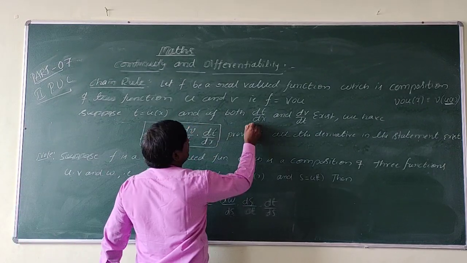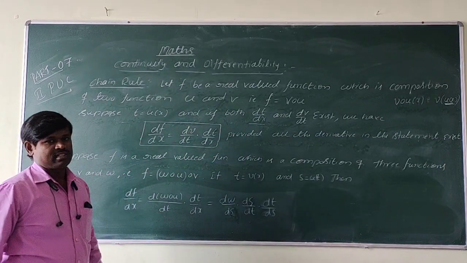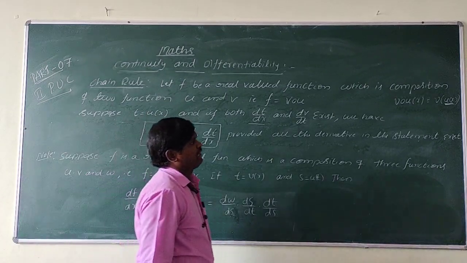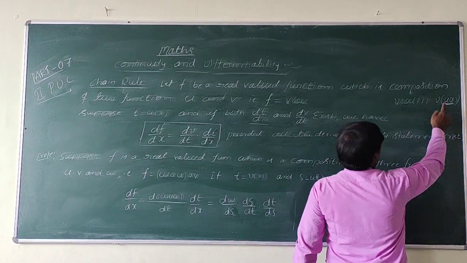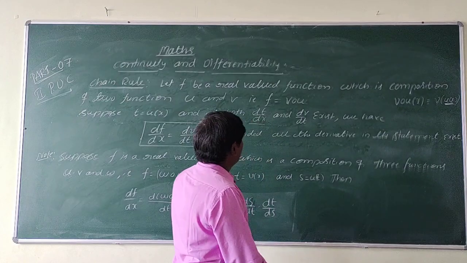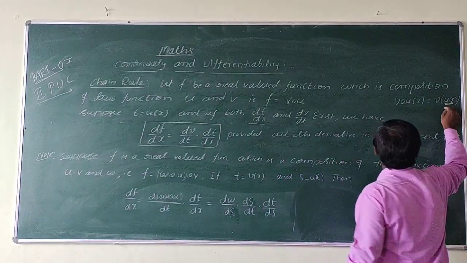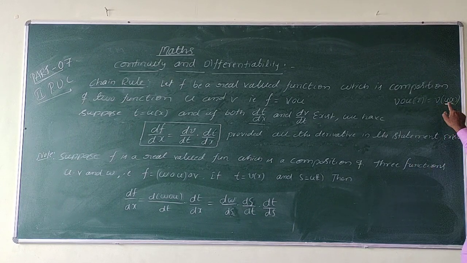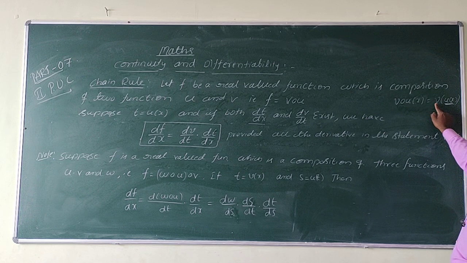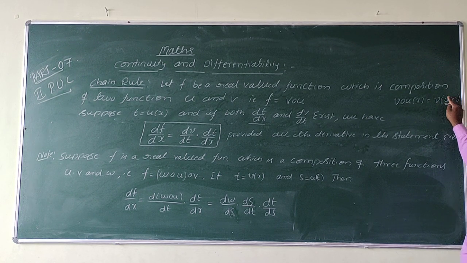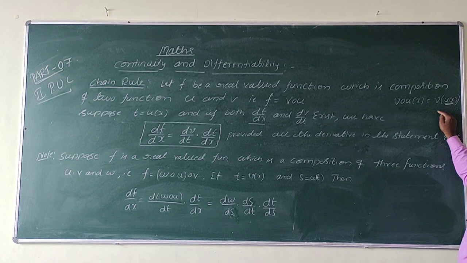And if both dt by dx and dv by dt exist. Suppose I take this as v of u of x; then dt by dx, that means the derivative of u of x, exists, and the derivative of v, which is a function of t, that means dv by dt, exists.